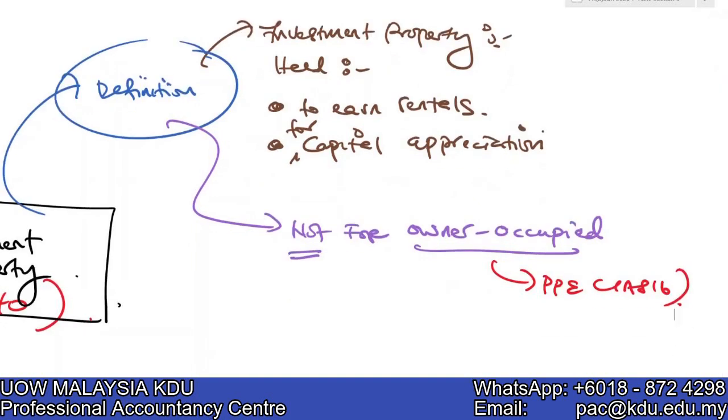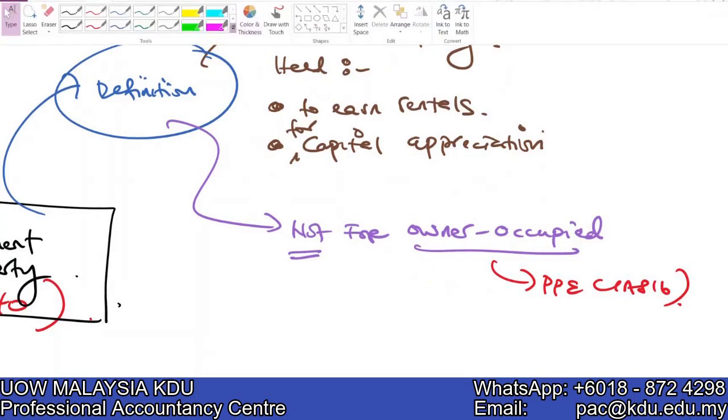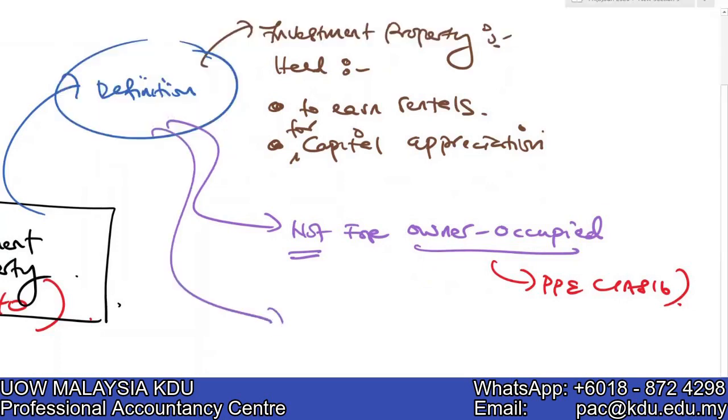Okay? And if the property is held for trading, held for sale, then it's not your investment property. They are inventory, isn't it? So it's not for owner occupied property and it's not held for trading.